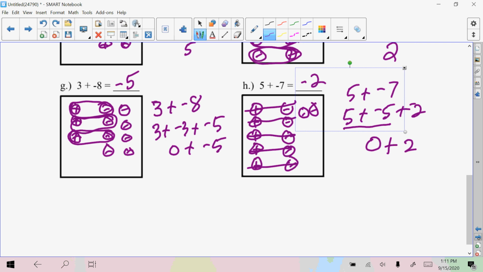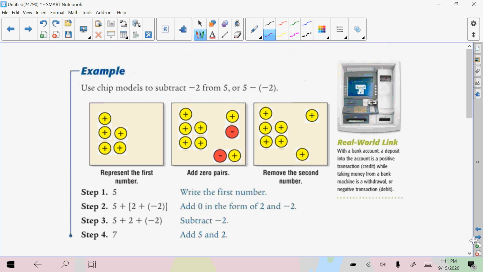All right, let's try something else, a little bit different. How do you do subtraction? Well, remember that subtraction means, so I'll write it right here, we're taking away negative. So we have to create a situation where we have some negatives that we can take away. Subtraction means taking away a negative.